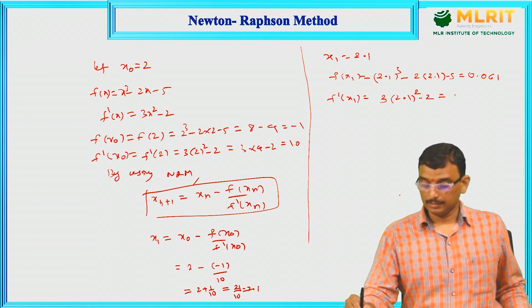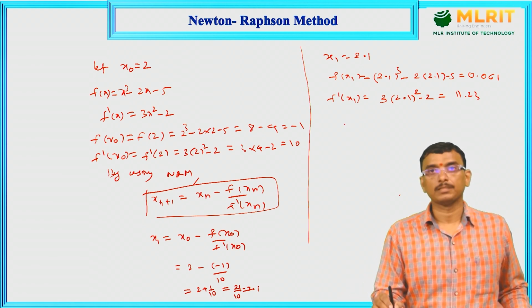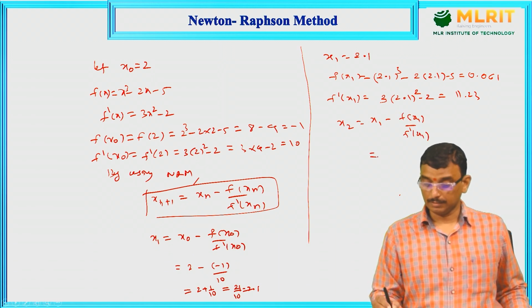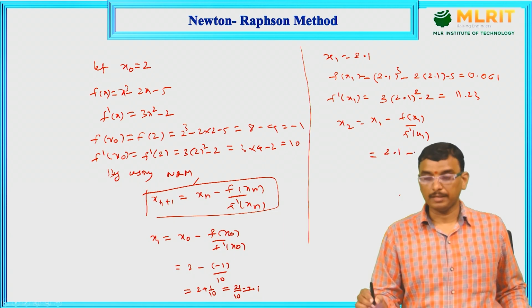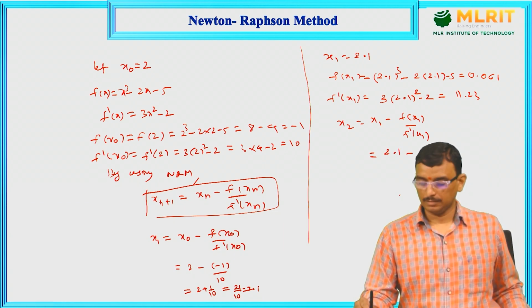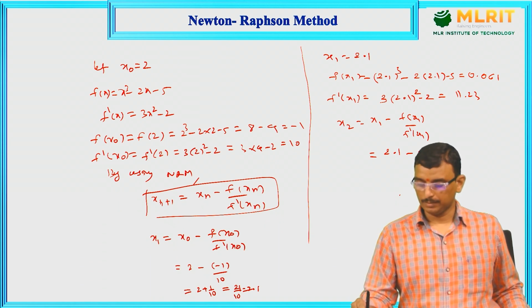And we'll get 11.23. Now the next approximation root, x2 is equal to x1 minus f of x1 by f dash of x1. So what is x1 here? 2.1 minus f of x1, 0.061, divided by 11.23.